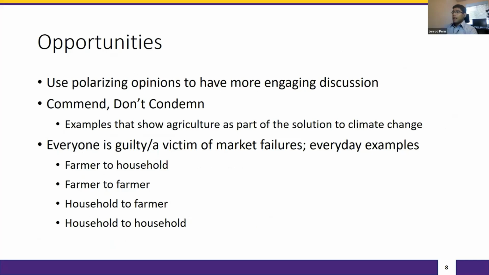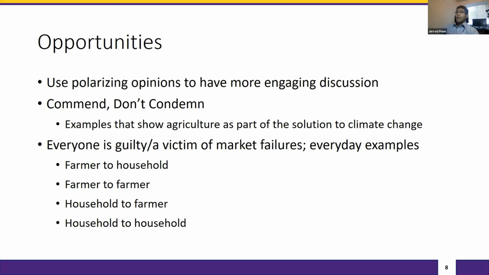The last piece that I'll mention is that there are opportunities to utilize these different opinions in the classroom. The first was to use polarizing opinions to have more engaging discussion. Don't just look for the middle response. Seek out the environmental warriors and the traditional ag kids to get their perspective.